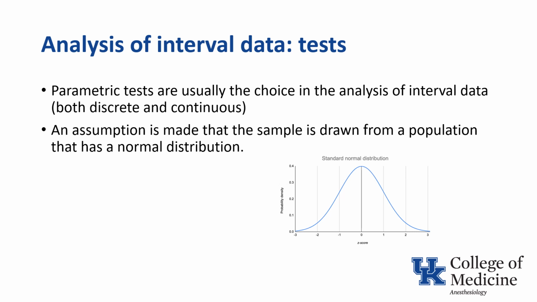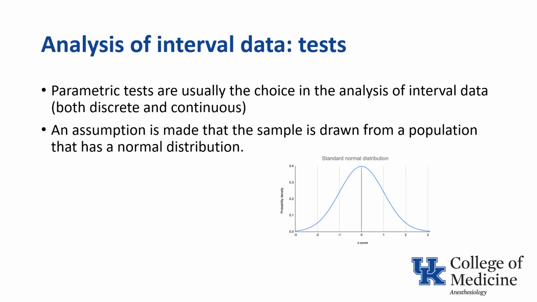Now let's look at some of the tests we can utilize to analyze interval data. As we saw from the previous slides, interval data consists of either discrete variables or continuous variables, and typically parametric tests are the choice in the analysis of these interval data.